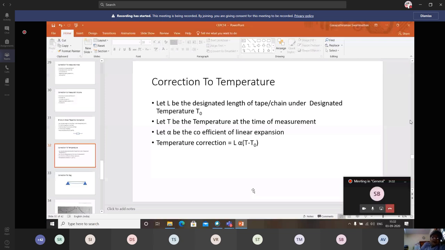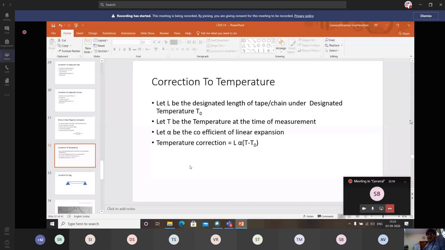Okay. Now, first one is correction for absolute length. Second is the correction for chain or tape for pull correction. Then you have a correction for temperature. As the temperature increases, what will happen? Because metals are involved, every metal has a coefficient of linear expansion alpha.